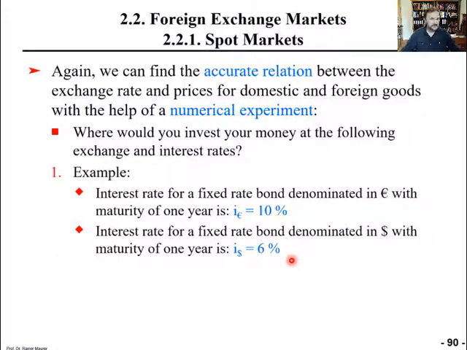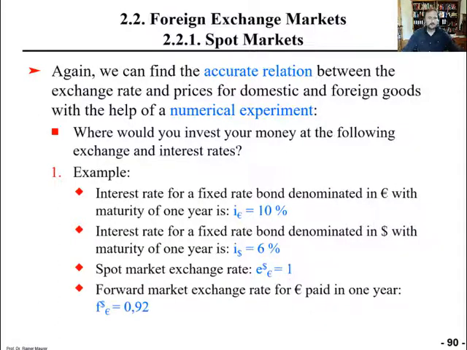We assume here and in the following that both bonds are within the same risk class, for example government bonds. The spot market exchange rate here is given by $1 for 1 euro. The forward market exchange rate for euro against dollar paid in 1 year is $0.92 per euro.